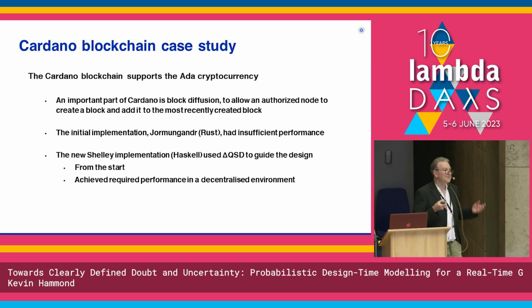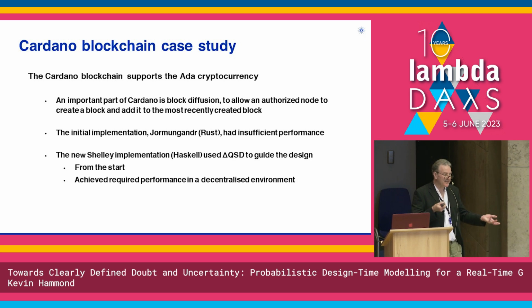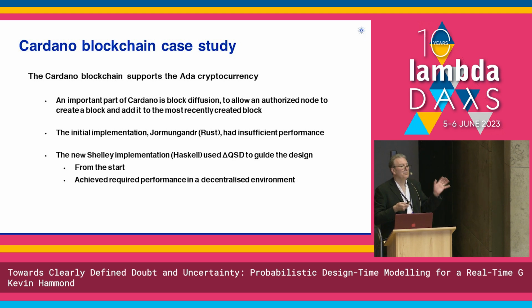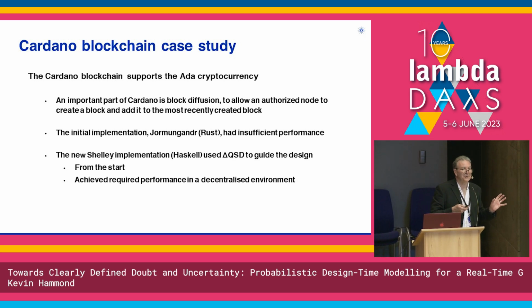Actually, of course, the technique was to use ΔQSD, focus the design down on the parts that were important, in this case, to do with the network properties, and then to build and define a better networking stack and associated algorithms that could properly support the consensus within the required time. Okay, so I wouldn't want to knock Rust, it's a great language, as is Haskell.